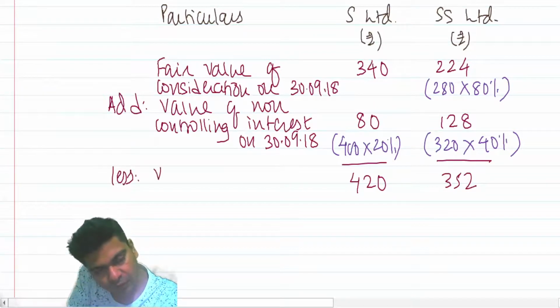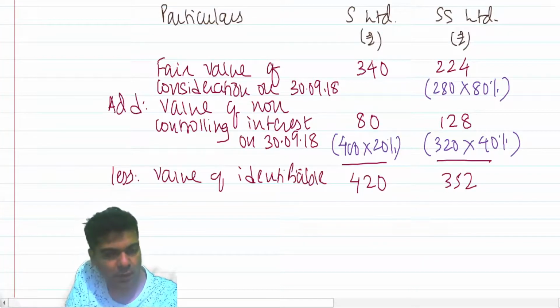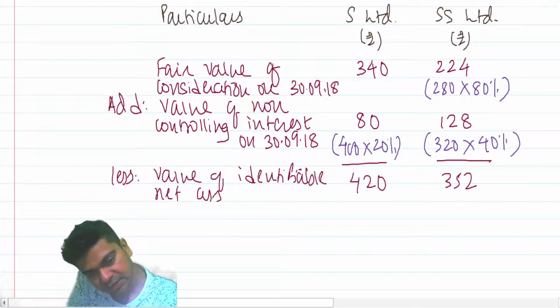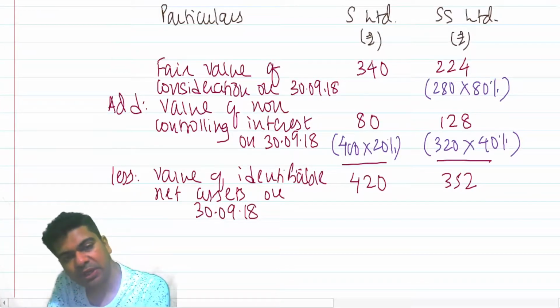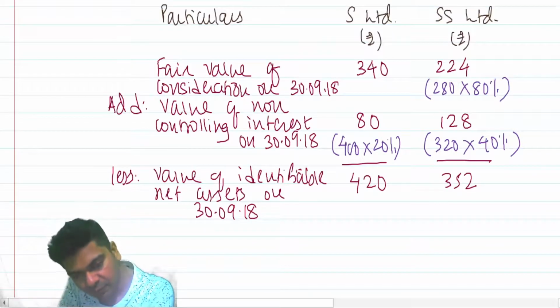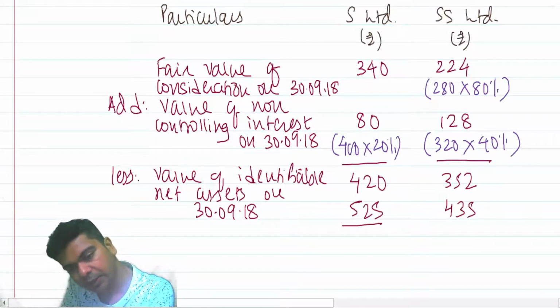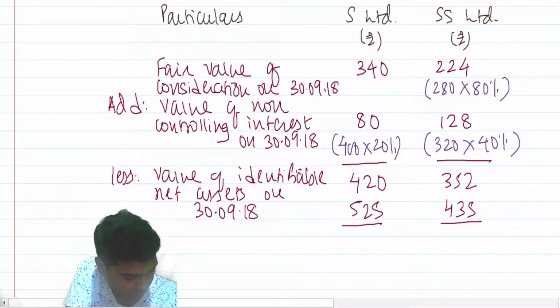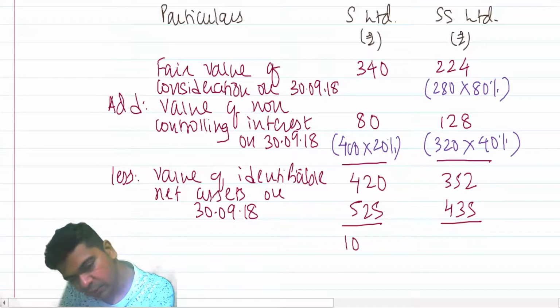Less value of identifiable net assets on 30th September 18. This I will get from the pre and post acquisition analysis, 525 and 435. So 420 minus 525, it is negative, but write it as positive, 105.